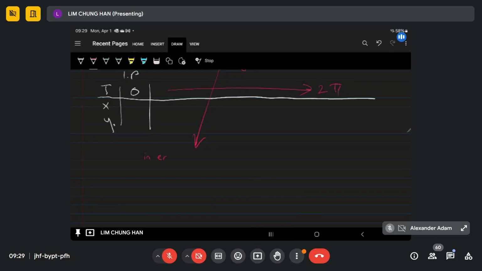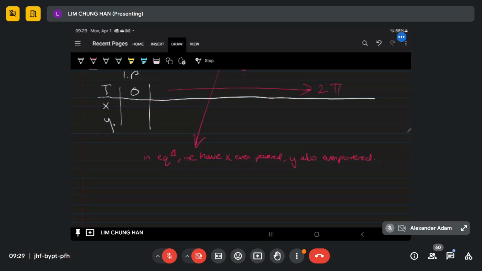In our equation right now, we have x, which is even powered, and y also even powered.